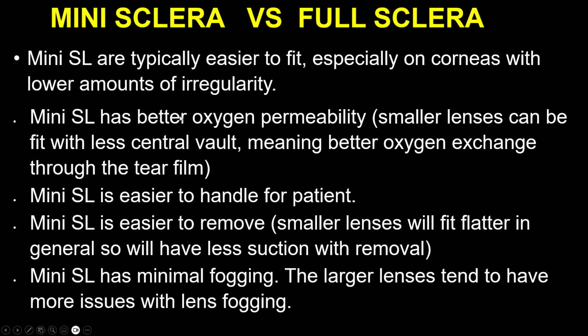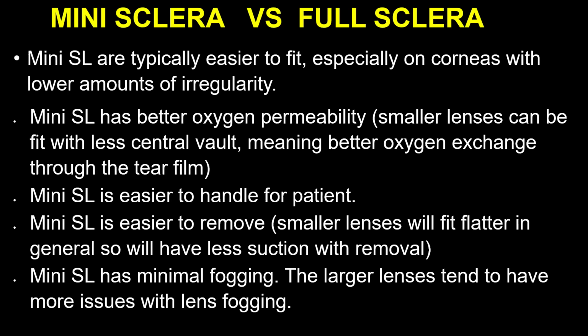So the mini scleral contact lens is easier to fit, and it has the advantage of oxygen permeability. Because they are closer to the cornea, it is easier for oxygen to permeate into the cornea than with the larger ones. Mini scleral contact lenses are easier for patients to handle and remove, and there is minimal blurring of vision. What does that mean?